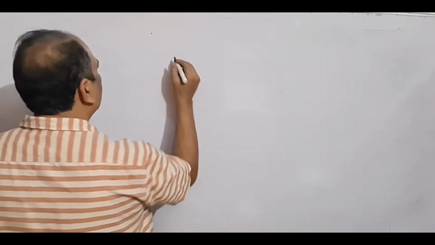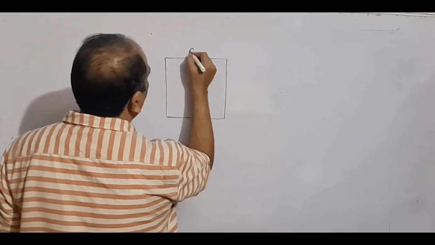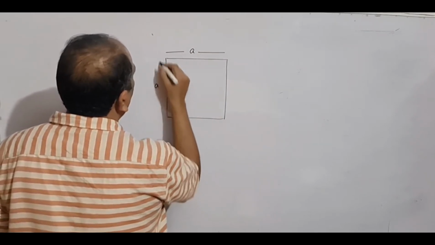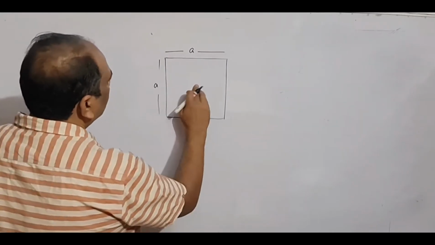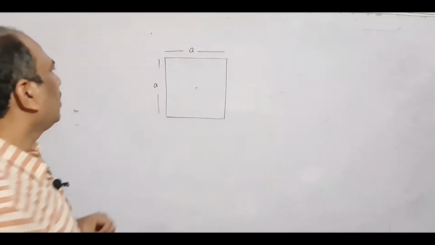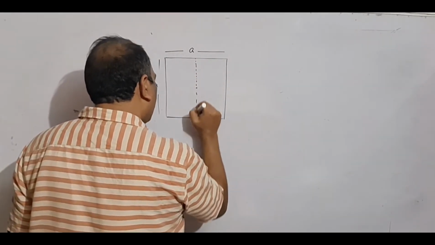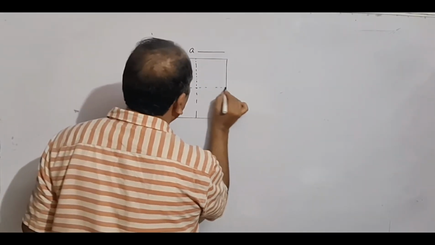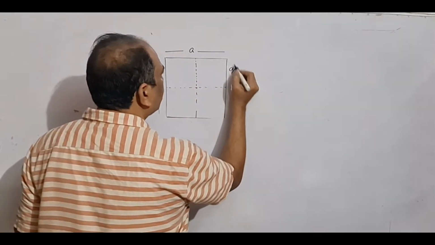Suppose we have a square of side A, and we have to find moment of inertia about an axis through the center and perpendicular to the plane of the square. Now divide this square into 4 equal parts, and each part will again be a square of side A by 2.